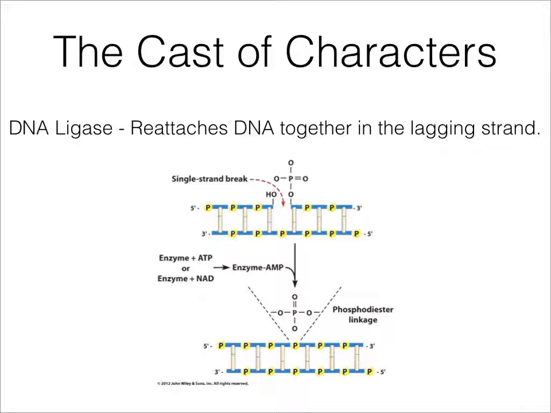So DNA ligase, we already basically talked about, but this is another one of our cast of characters. It's going to be necessary, after DNA polymerase 1 has replaced the primers with DNA, you're going to need DNA ligase to attach one Okazaki fragment to the next Okazaki fragment.